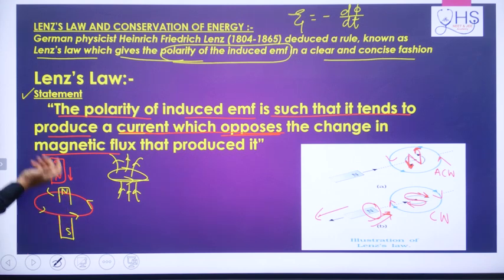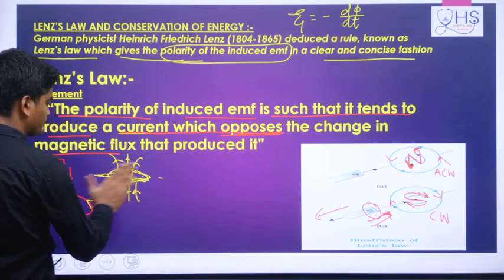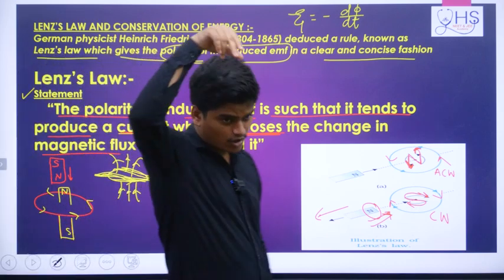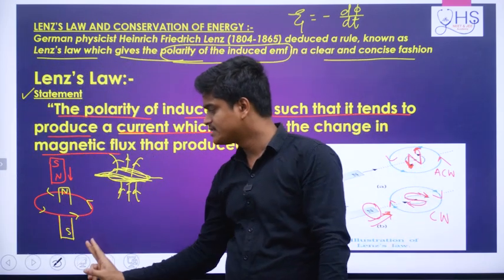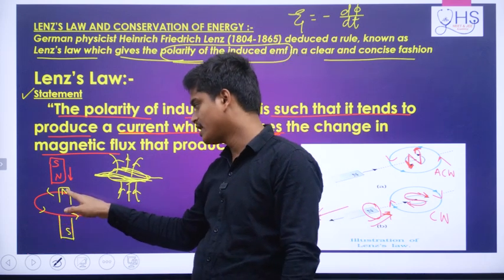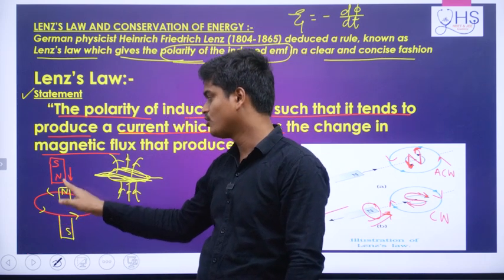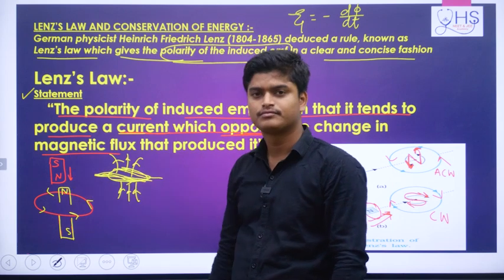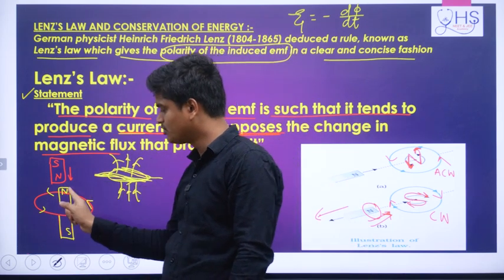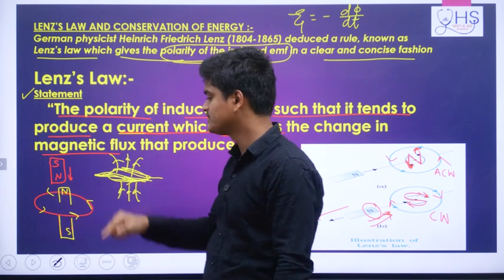So remember the magnetic field lines due to a circular coil. With that consideration we are doing this here. If a north pole is coming, then this coil acts like a bar magnet, with its north pole facing the incoming north pole, so that it repels it back. If a south pole is coming, then it will behave like a south pole, and the current direction will change.